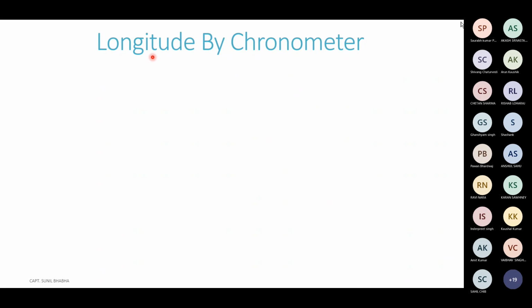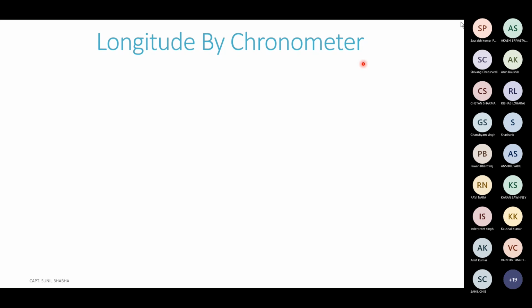Now, first of all, coming to longitude by chronometer. As is clear from the name, this method tells us that we can obtain the longitude of the observer if we have the chronometer. Chronometer basically means GMT.